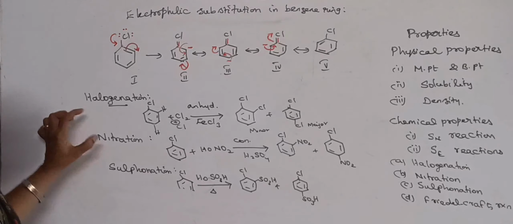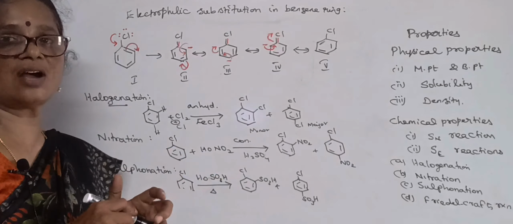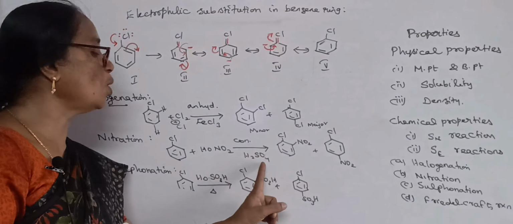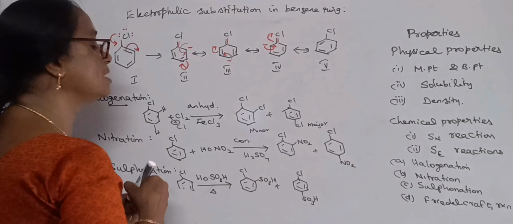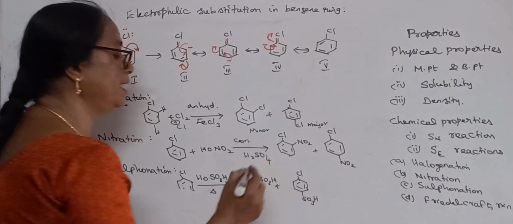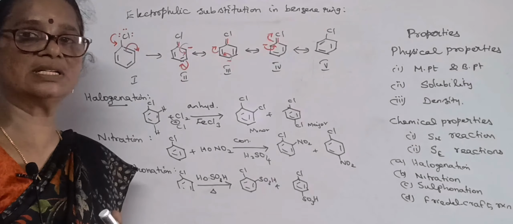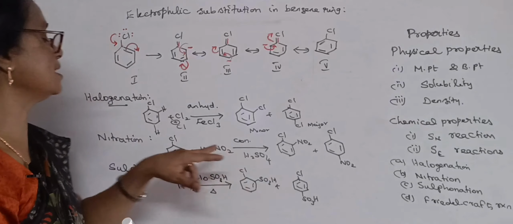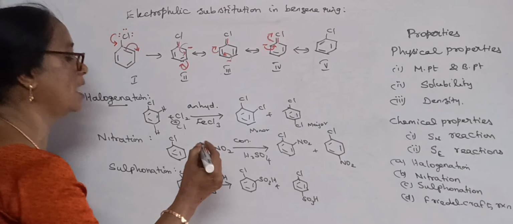Similarly, nitration. For nitration, we have to take a mixture of concentrated nitric acid and concentrated sulfuric acid. The role of sulfuric acid is to produce the nitronium ion from the nitric acid, and the mechanism we have discussed in aromatic hydrocarbons itself. So sulfuric acid forms the nitronium ion NO2+.